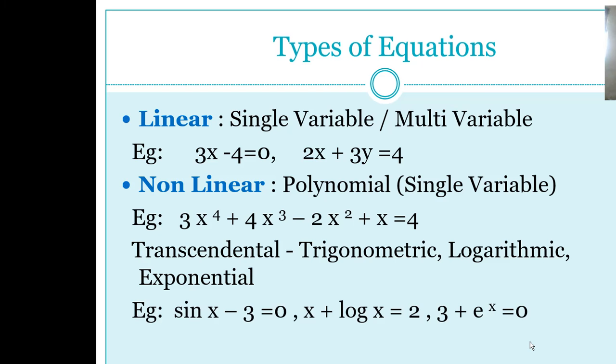The examples are: sin x minus 3 equal to 0 has a trigonometric term, and so it is a transcendental equation. x plus log x equal to 2 includes the logarithmic term, whereas 3 plus e raised to x equal to 0 can be the example of a term which includes the exponential.